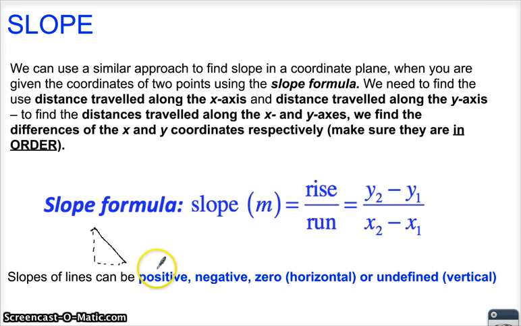Slope is positive when it's going in this sort of uphill direction, left to right. It's negative when it's going in this downhill direction, left to right. I would write these on my sheet if I were you. It's a zero slope line if it's perfectly horizontal, and it has no slope, or undefined slope, if it's perfectly vertical. We'll talk about that in class.